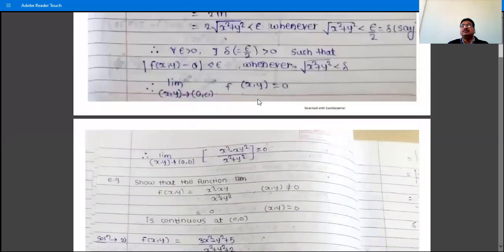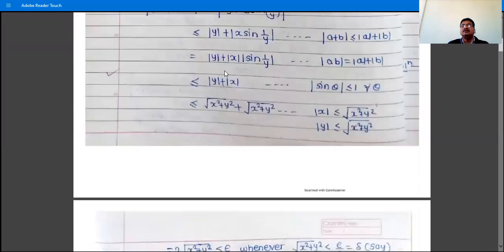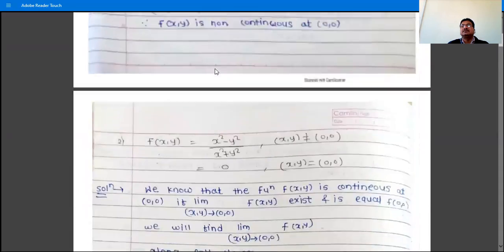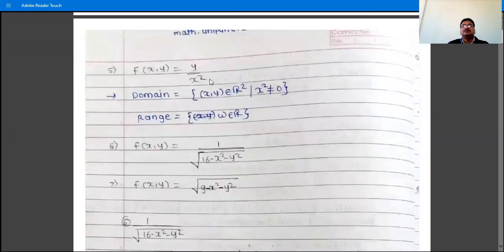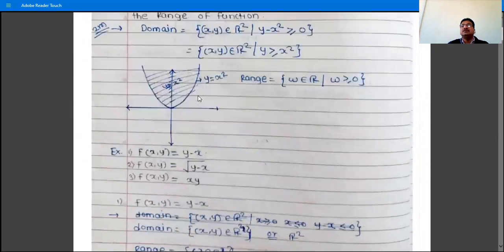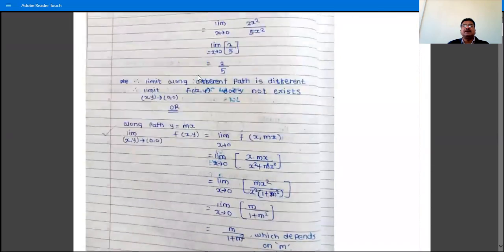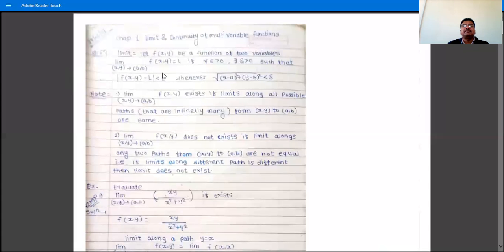What is the definition of limit? We can write the equivalent statement of that. When we say the limit of f(x, y) as (x, y) tends to (a, b) is L, it means for every epsilon greater than 0, there is delta greater than 0 such that mod f(x, y) minus L is less than epsilon whenever root of (x minus a) square plus (y minus b) square is less than delta.